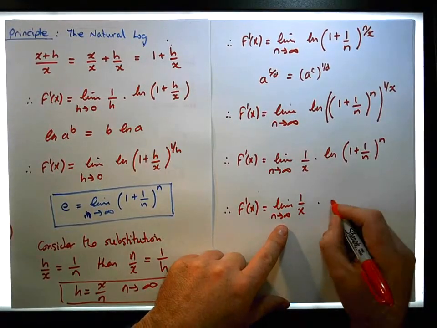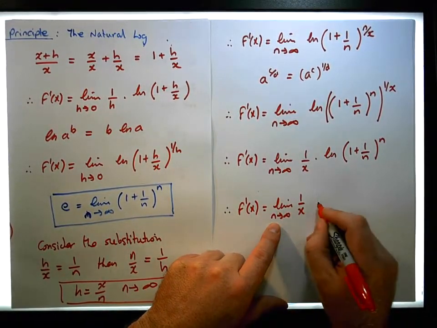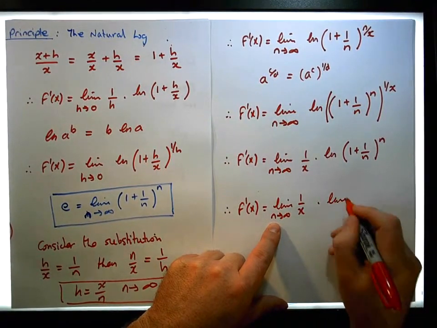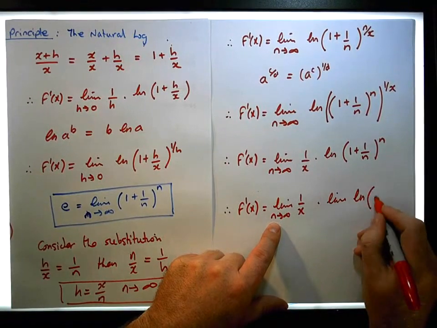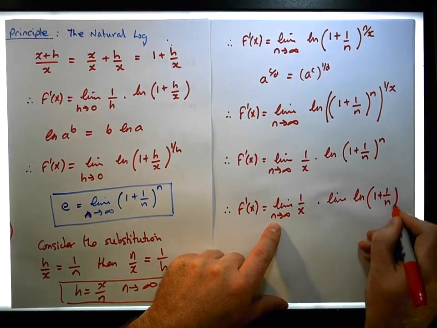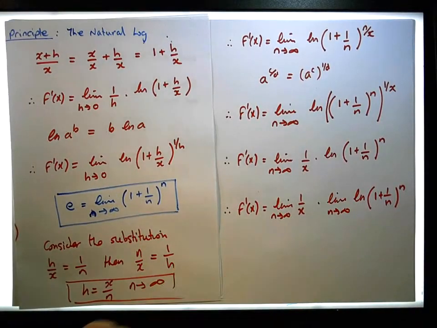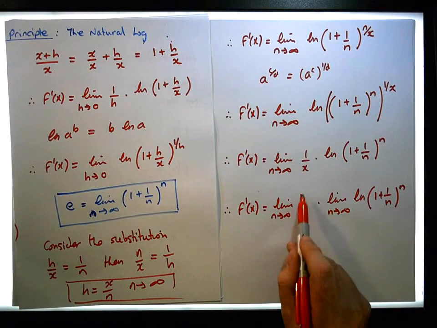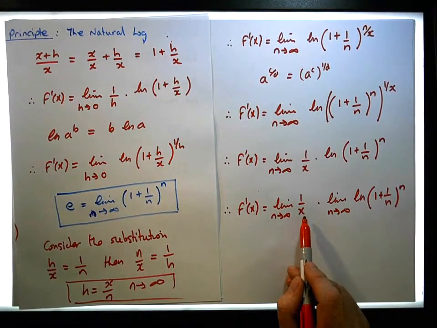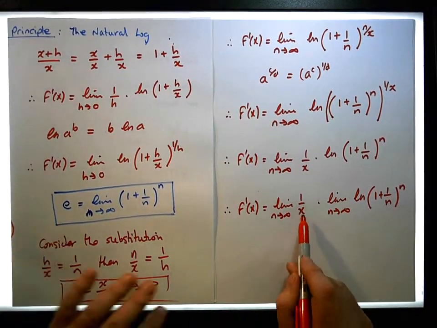So that's equal to the limit of 1 over x as n tends to infinity, times the limit of the natural logarithm of 1 plus 1 over n raised to the power of n, as n tends to infinity. Now, as n tends to infinity, it has no effect on 1 over x. 1 over x tends to 1 over x.